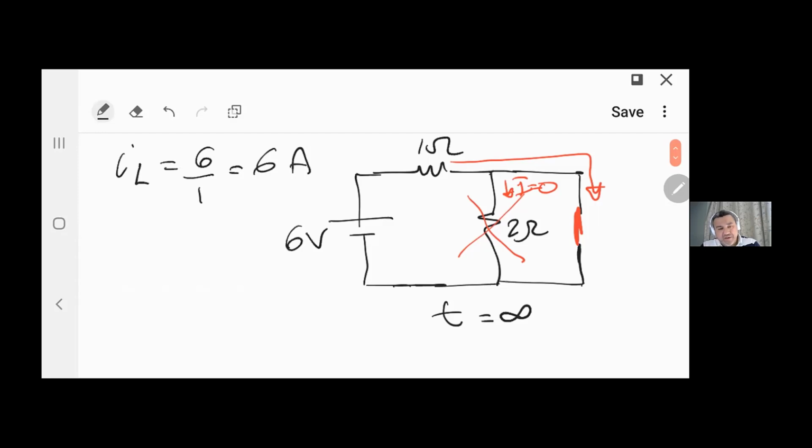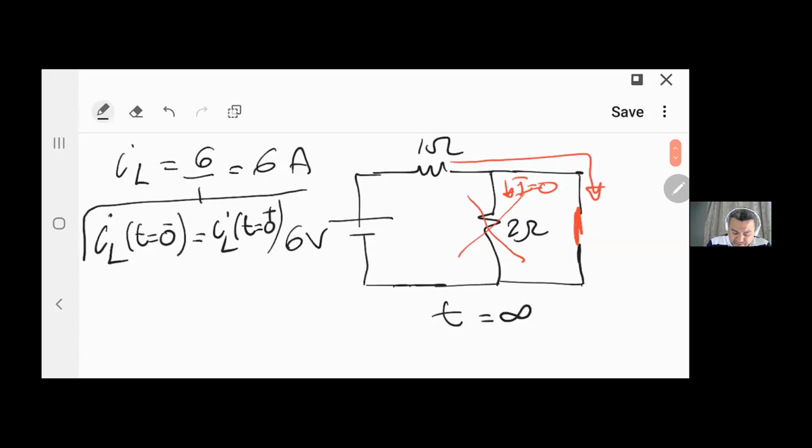Right? The current in the inductor is not going to change between t equals 0 minus and t equals 0 plus. So I have I_L at t equals 0 minus equals I_L at t equals 0 plus. Whatever the current at t equals 0 minus will be the same at t equals 0 plus, only for that moment.